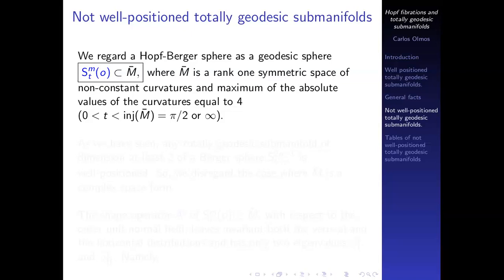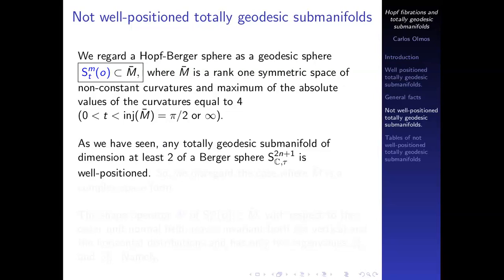We have rescaled everything so that a geodesic of length pi is a closed geodesic, because in a rank 1 compact symmetric space every geodesic is closed. So the geodesic closes at time pi, and up to pi/2 we have the injectivity radius.